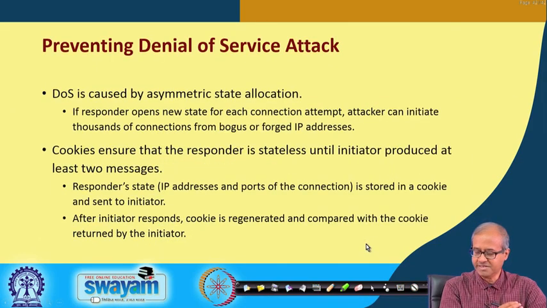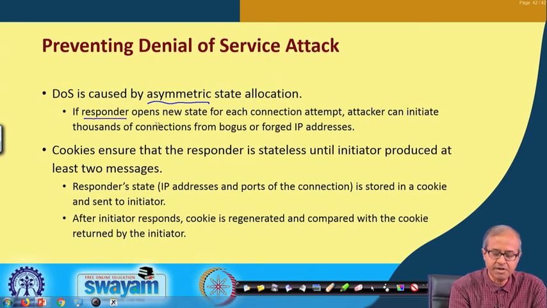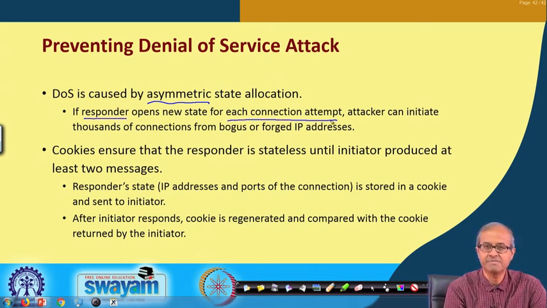Now, to prevent this kind of attack, the reason for it is the asymmetry in state allocation. If the responder opens new state for each connection attempt, the attacker can initiate thousands of connections from forged, spoofed IP addresses and mount this attack.